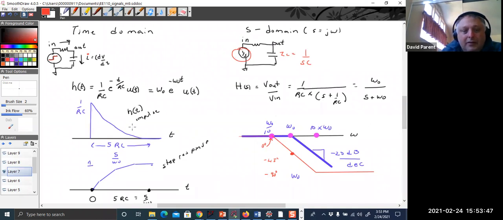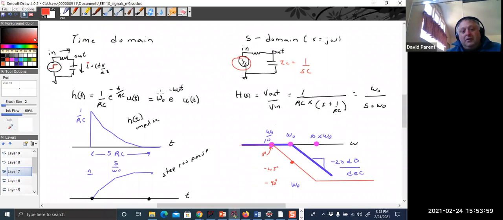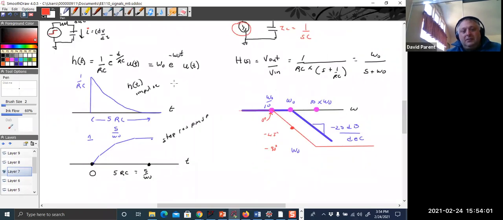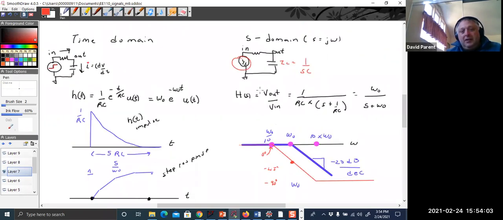Again, I'm not going to derive it, but the impulse response is 1 over RC times a decaying exponential times u(t), or we can use omega naught there. Here, I can use voltage division, and I come up with this equation, and you can see how RC and omega naught are equivalent.